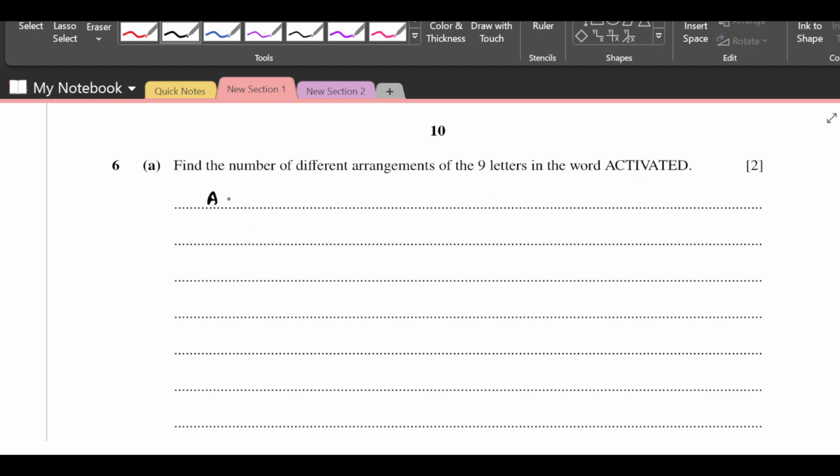If we see, A is repeated twice over here, C is once, then T is repeated twice, then I is once, then after I we have V, which is once, and E, which is again once, and D is once. Okay, so 2, 3, 5, 6, 7, 8, and 9.